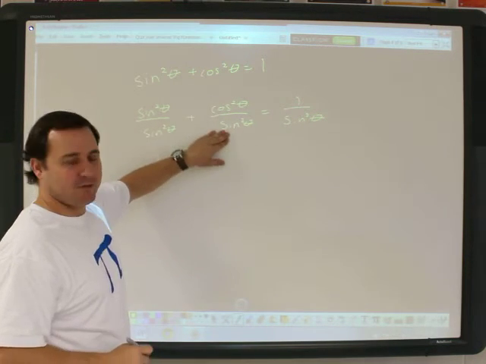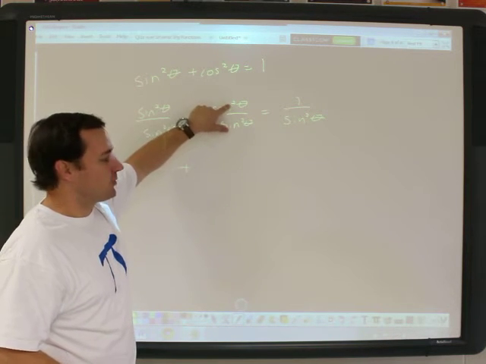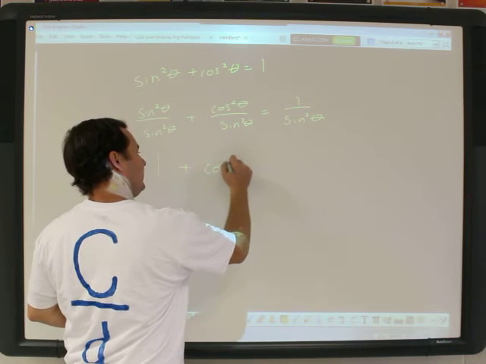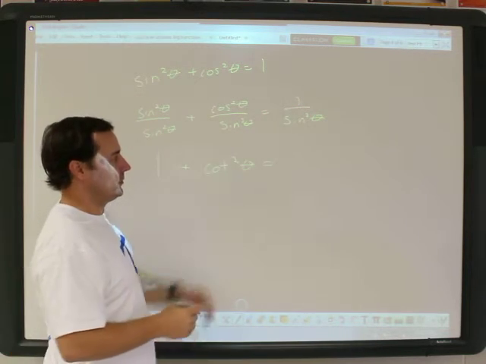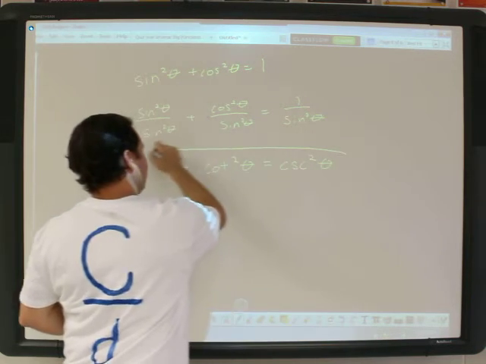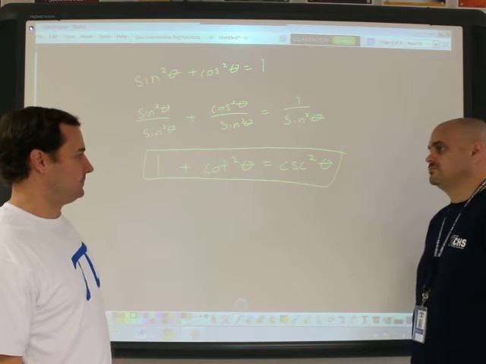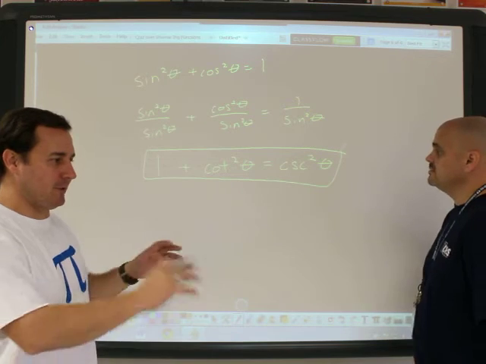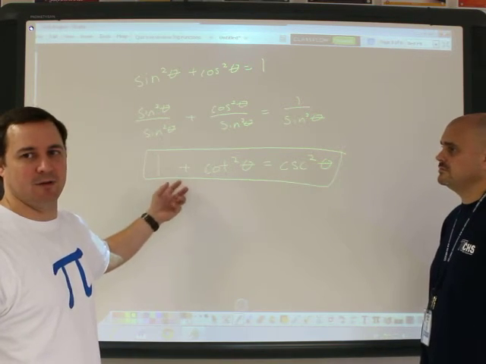Cosine squared divided by sine squared, well, cosine over sine is cotangent, so cosine squared over sine squared will be cotangent squared. And 1 over sine is cosecant, so 1 over sine squared will be cosecant squared. So that is our third Pythagorean identity. That's derived from the main one of sine squared plus cosine squared equals 1. Very good. Divide 3 by cosine squared, divide 3 by sine squared, and you can easily derive the other two.